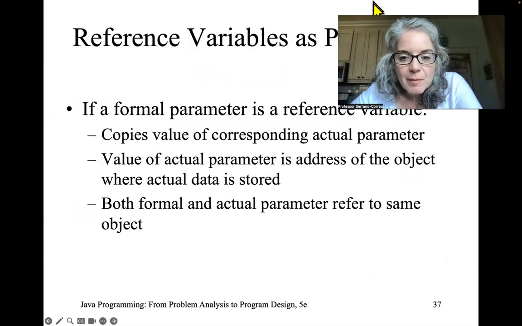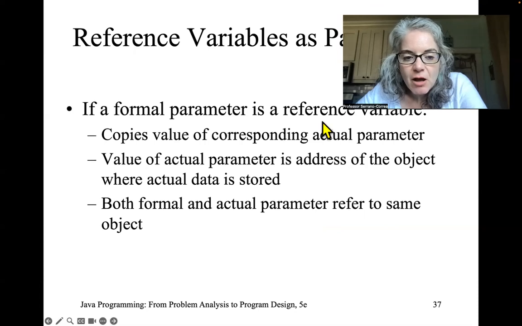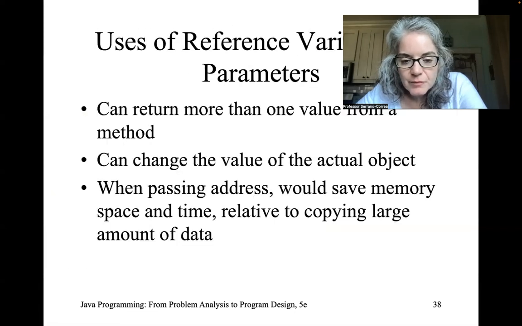If a formal parameter is a reference variable, meaning an object, it copies the value of the corresponding actual parameter. The value of the actual parameter is the address of the object where the actual data is stored. Both formal and actual parameters will refer to the same object.